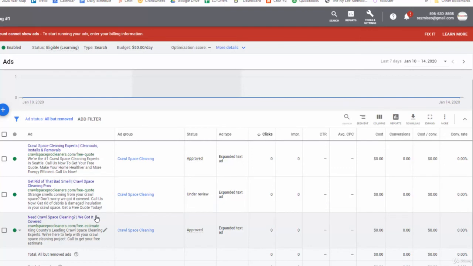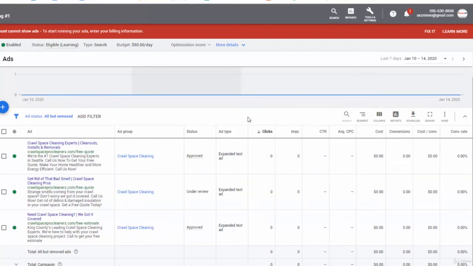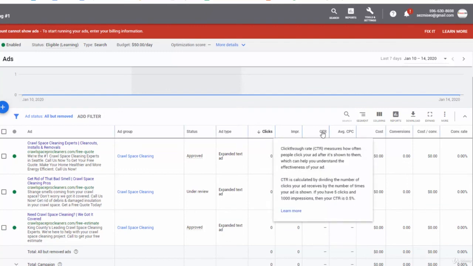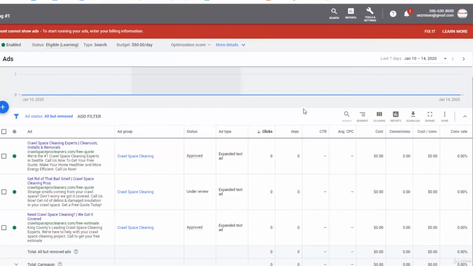I like to go at least 3 every time so that they're rotating indefinitely, and then I can see the metrics there. One of the first things you want to be looking at when you're running a new campaign and new ads is the click-through rate. This is the most important information when you're launching brand new ads, because that's telling us that people are actually clicking on the ads.